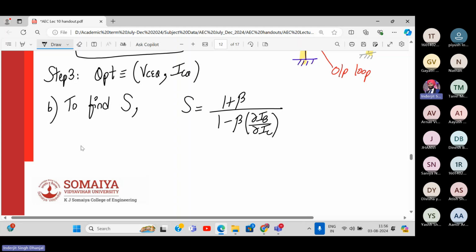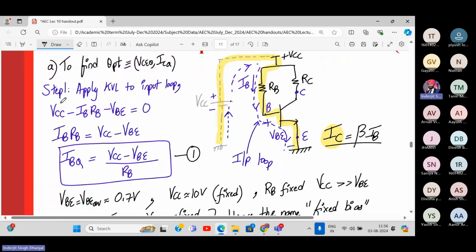So we'll again write the expression KVL to the input loop. We have already done that, so we'll directly write the expression over here. KVL to the input loop will give you this: VCC minus IBRB minus VB.